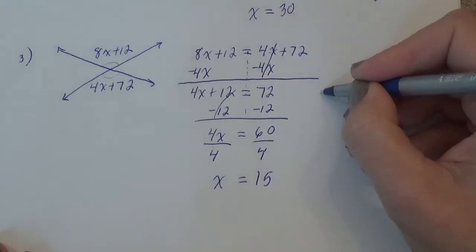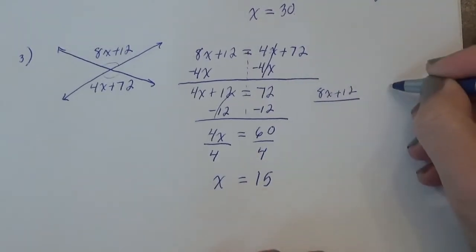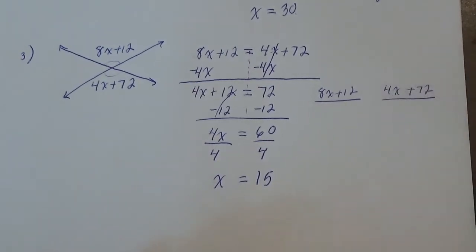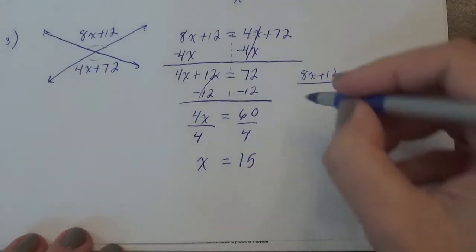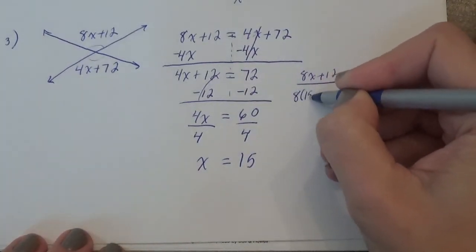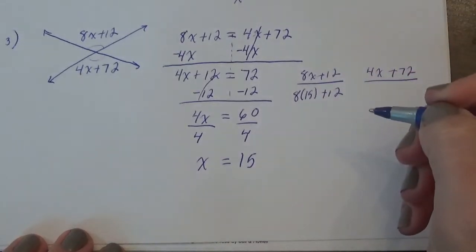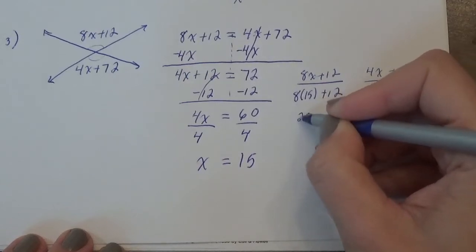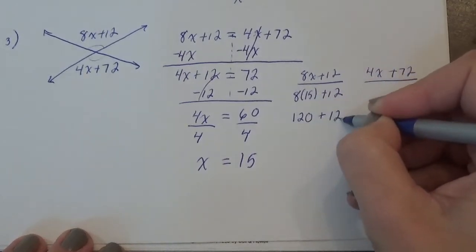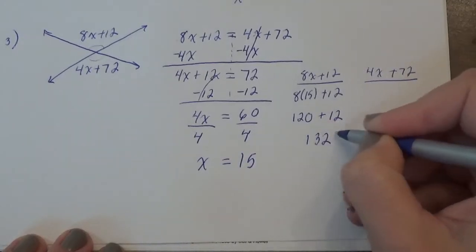All right, so now we're going to figure out the 8x plus 12 angle and the 4x plus 72 angle. Okay, so x we're thinking is 15, so sub it in. 8 times 15, that's 120. Plus 12, that would be 132.